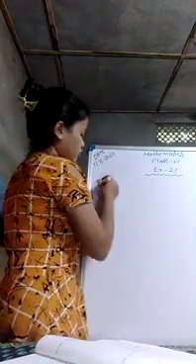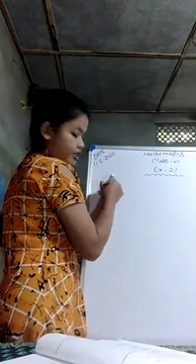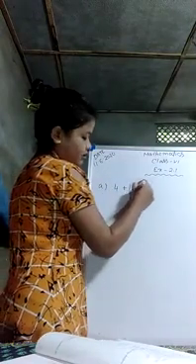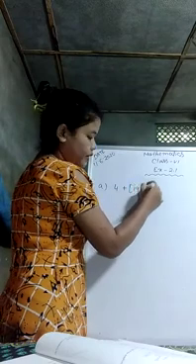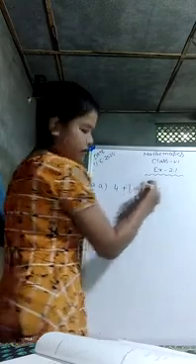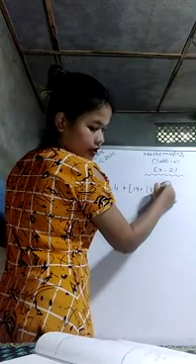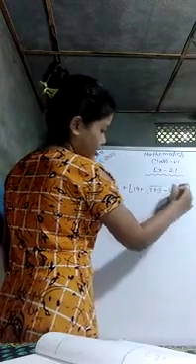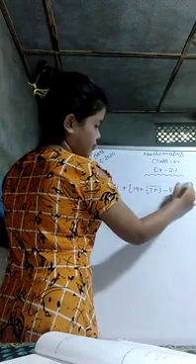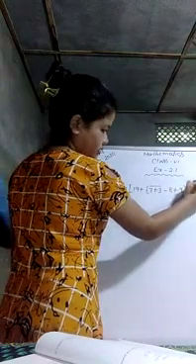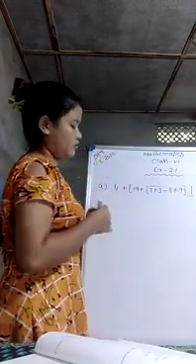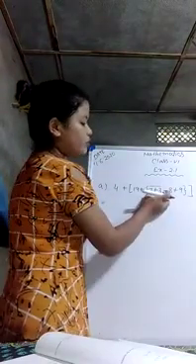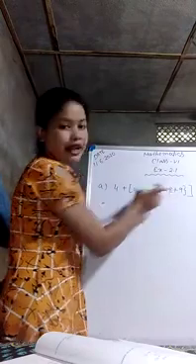So question number A is 4 plus 19 plus 7 plus 3 minus 8 plus 9, then bracket close. So at first we have to do the first bracket where the line is given.